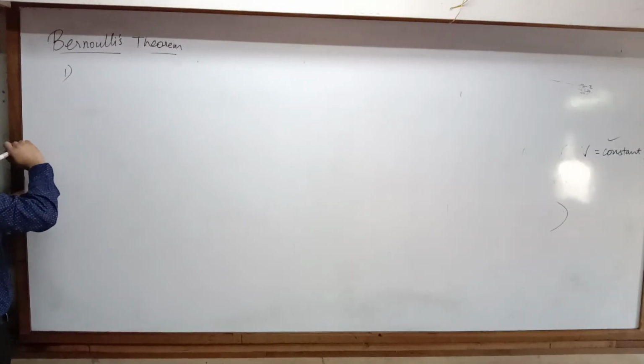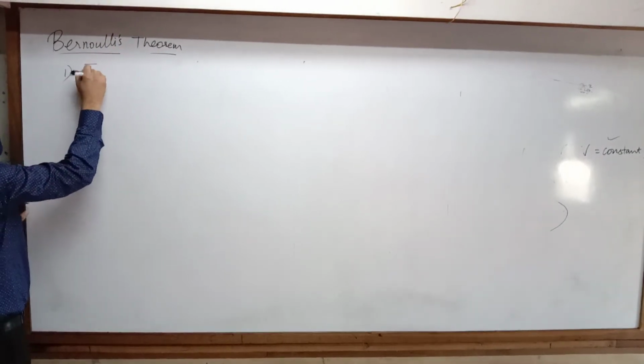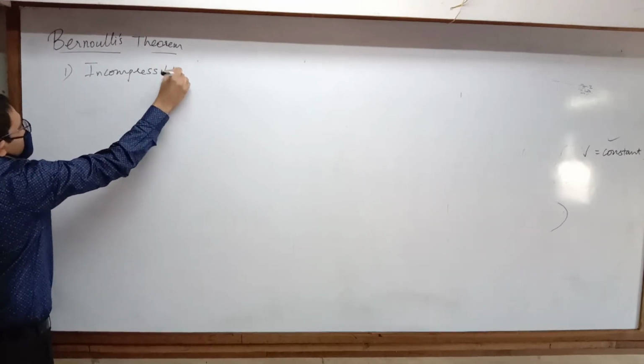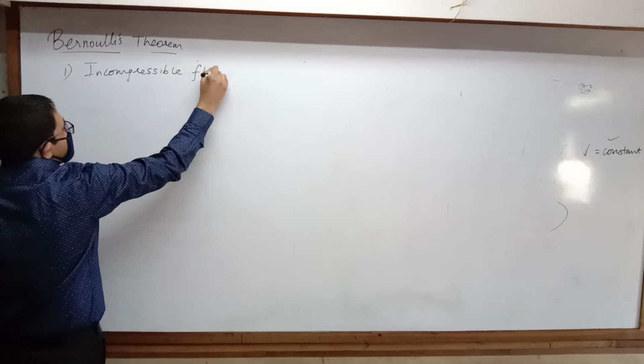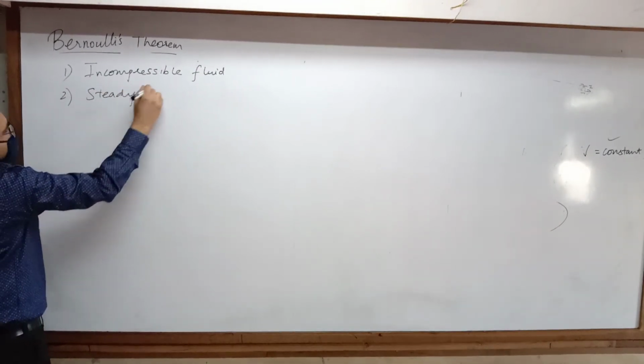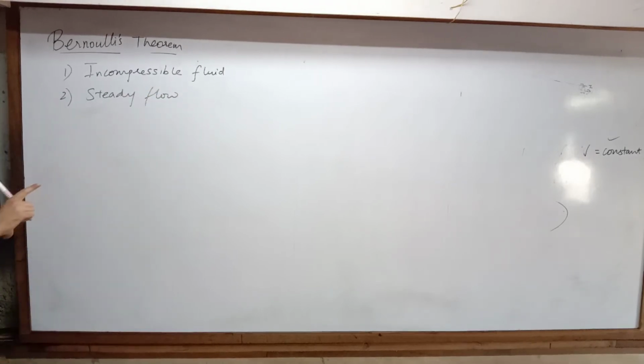Number one, incompressible fluid. You already know that. We are going to use it. Number two, steady flow. Steady flow means what? Streamline flow. Like I said, it is predictable, not random.